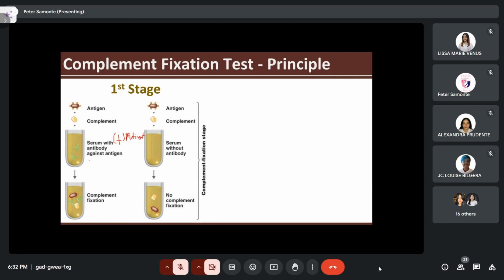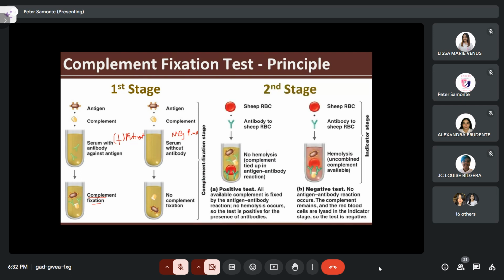Since meron siyang antibodies na present, class, there would be complement fixation. But if you add a serum without antibody, meaning negative yung patient ninyo, if you add the antigen and the complement, automatically maglalysis yung antigen, class. Masisira yung antigen, or sisirain ng complement, or the complement will destroy the antigen.